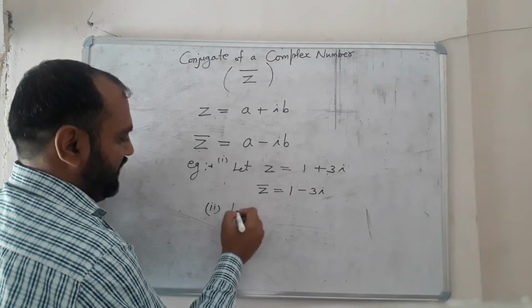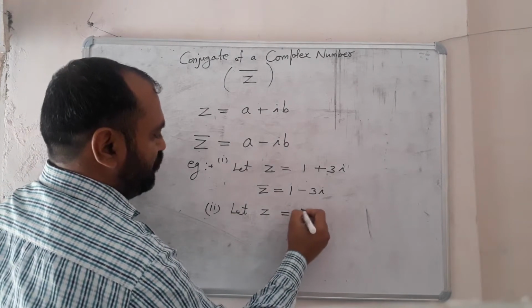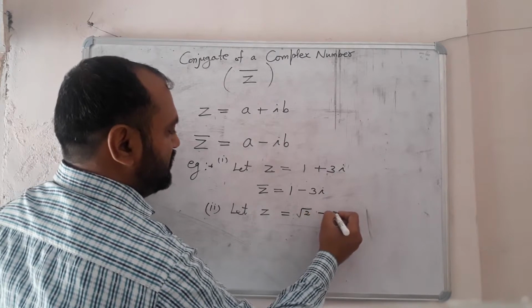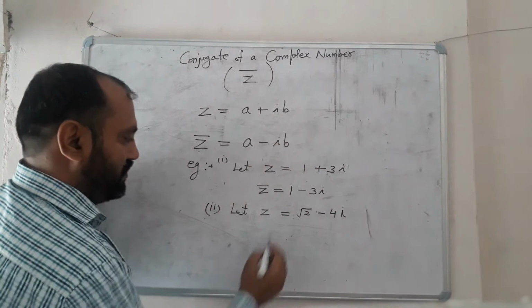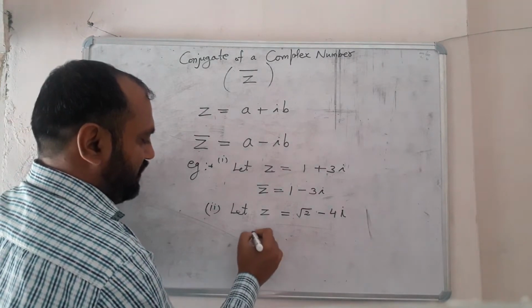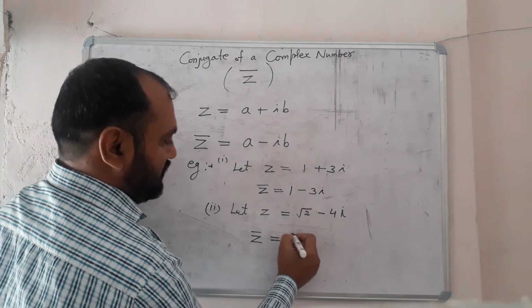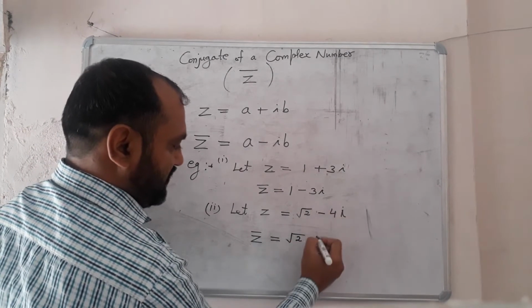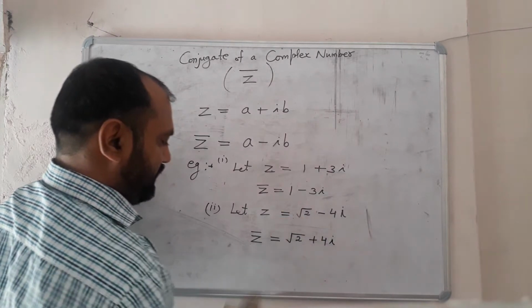Similarly, I am taking another example. Let Z is equal to root 2 minus 4 iota. Whenever you find the conjugate of this complex number, its answer is root 2 plus 4 iota.